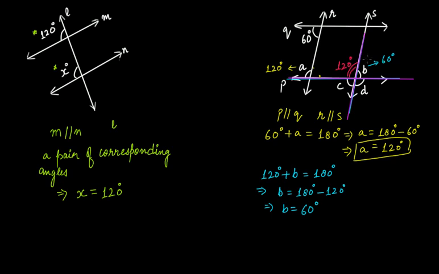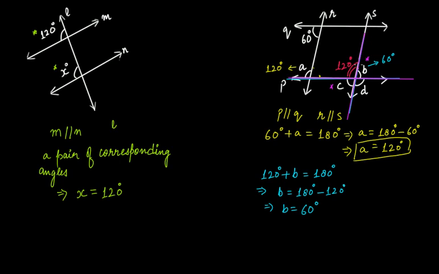If you look at this angle B and this angle C by focusing on this line and this line, then these two angles B and C are vertically opposite angles.